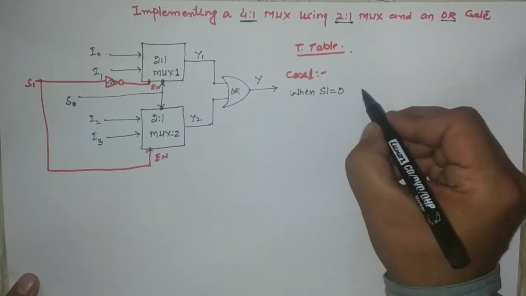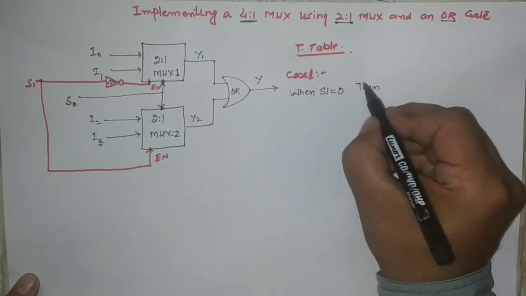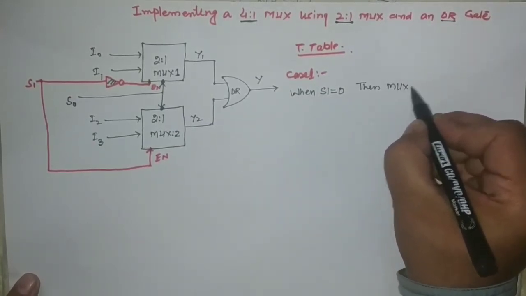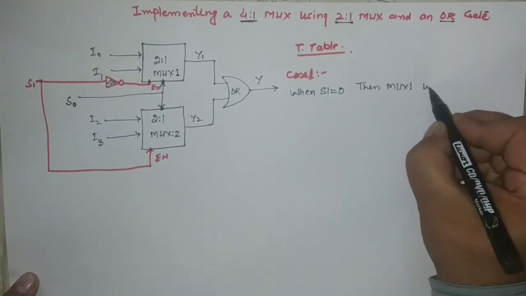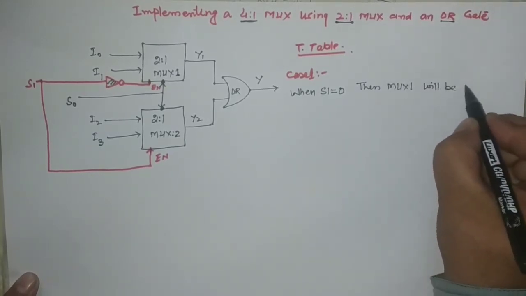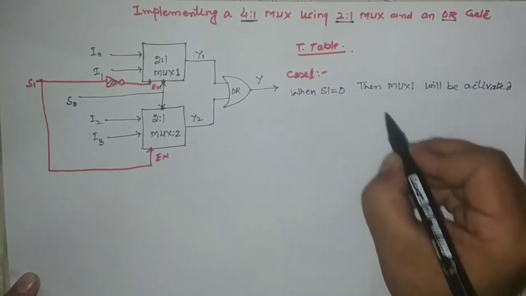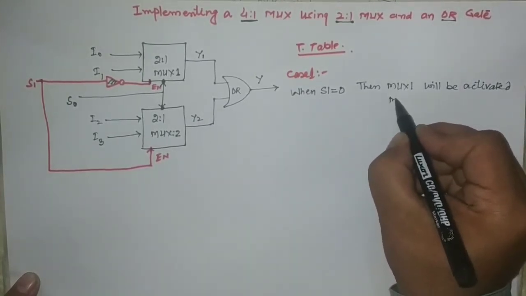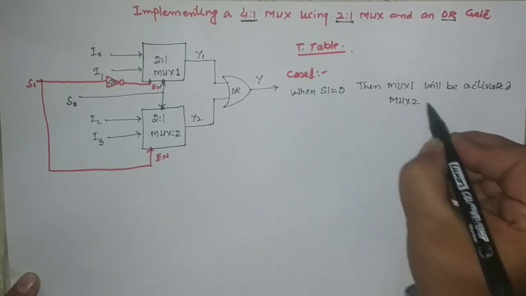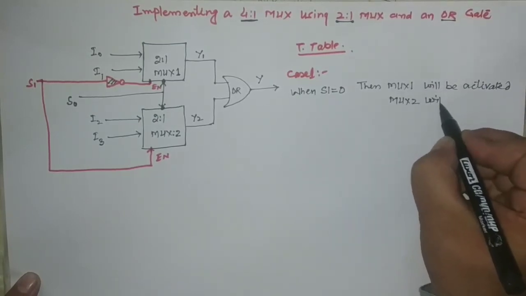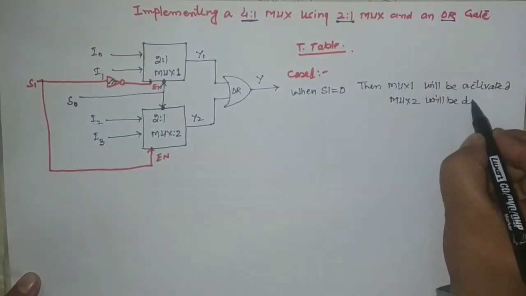So when S1 is equal to 0, multiplexer 1 will be activated and mux 2 will be deactivated.